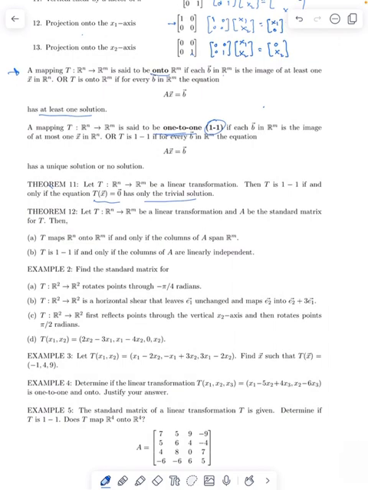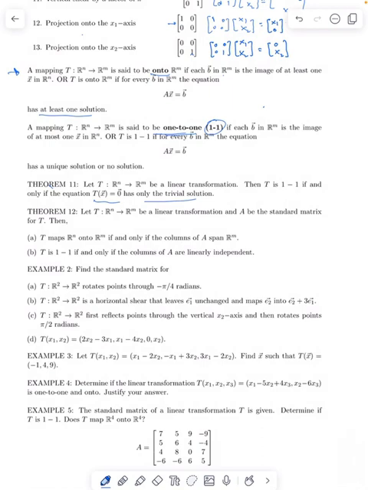And if we know that the mapping is one-to-one, it means T(x) = 0 will have only the trivial solution. You don't need to know the proofs of these theorems, but you should know how and when to apply them in answering the questions asked.